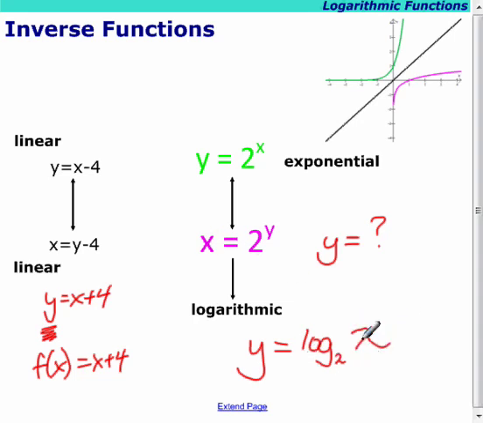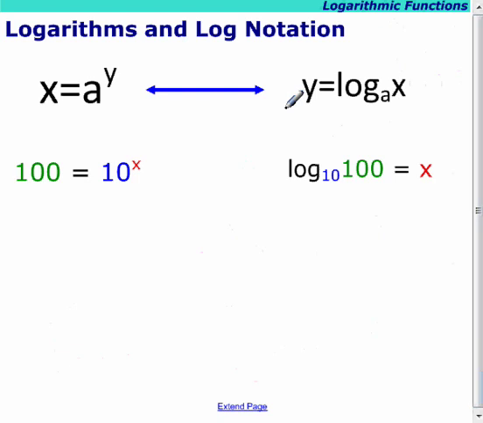Or in other words, and we'll look at how we read this in a sec, y is the exponent to which 2 must be raised in order to get x. It's looking at things quite a bit different than things we've seen before, but we'll practice that a little bit.